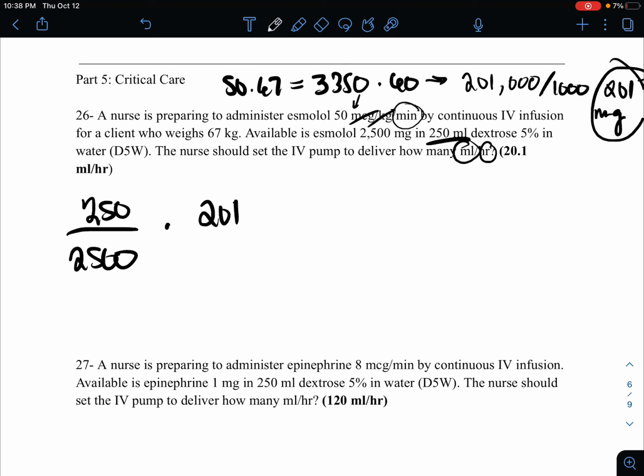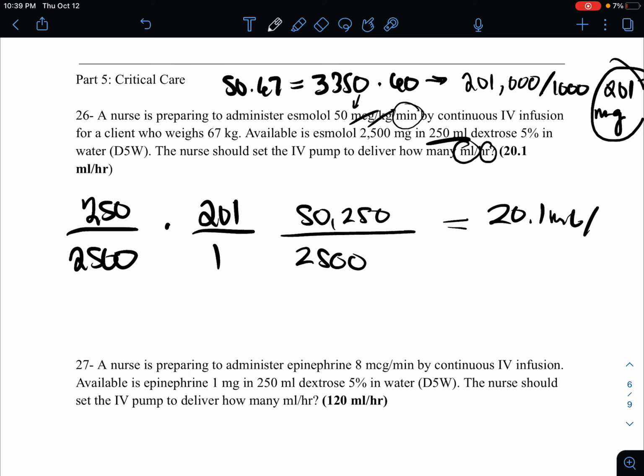Okay, so multiply straight across. 201 times 250 gives you 50,250, and this is 2,500 obviously, and then we'll divide by that, and that'll give you 20.1 milliliters an hour.